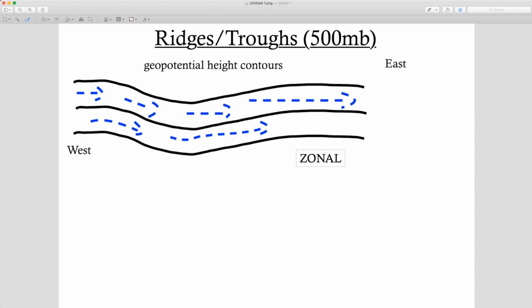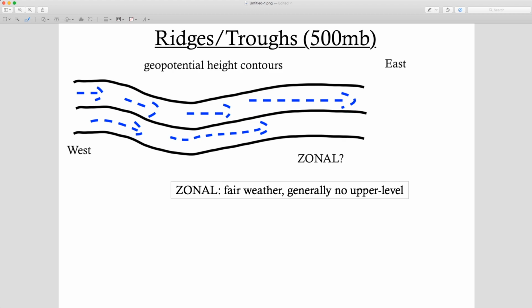Zonal means this pattern. Zonal will mean fair weather, generally no upper level lows.